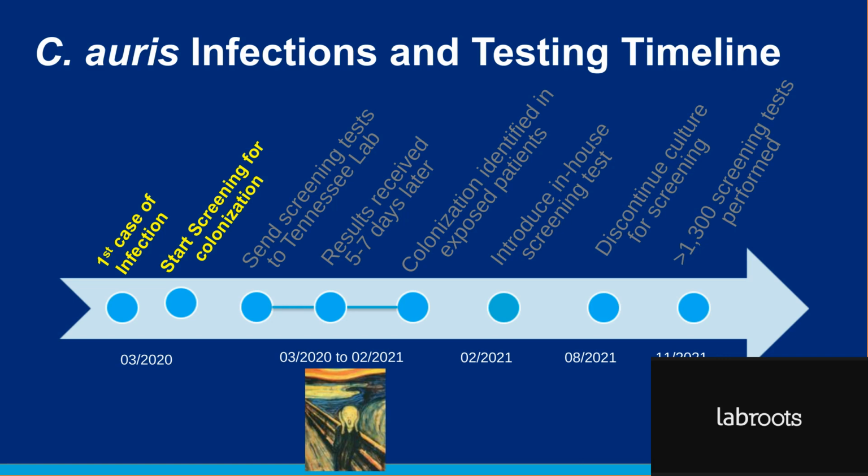As I mentioned, we started seeing Candida auris cases in Florida, and we actually reported and recorded the first case of infection within our healthcare system exactly in March 2020, which of course we all remember as the beginning of testing for SARS-CoV-2 in a lot of our laboratories.